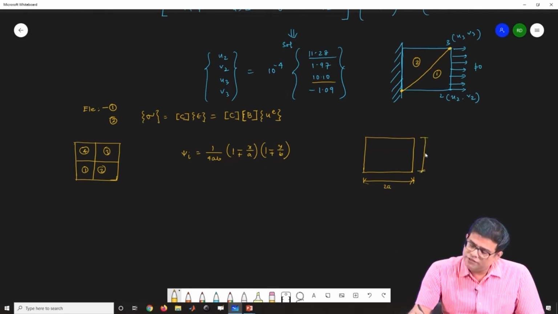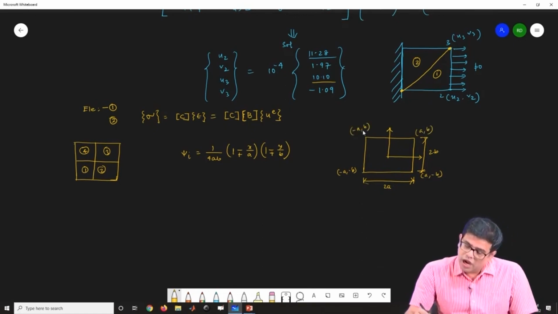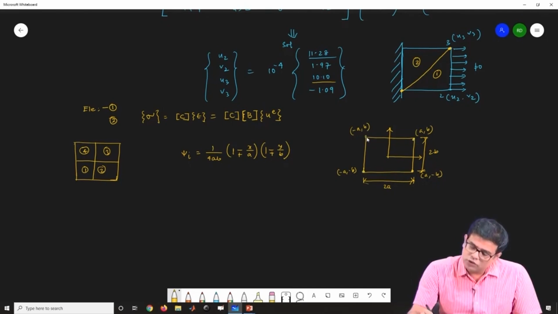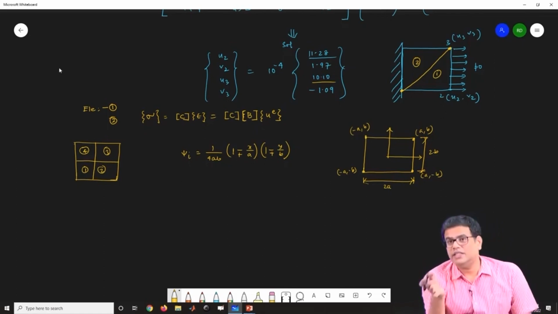These are the axes, and the coordinates are minus a, minus b; a, minus b; a, b; and minus a, b. This is node number 1, node number 2, node number 3 and node number 4.